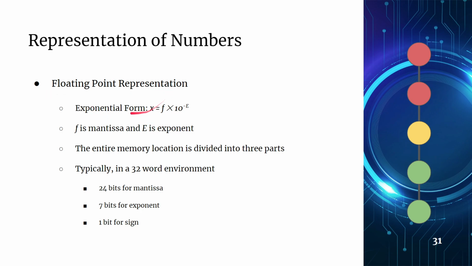In all representations there are a few common topics: floating point representation requires you to save numbers in exponent form, where we use F and capital E. F is called a mantissa and E is called an exponent, and the entire memory location is divided into 3 parts.